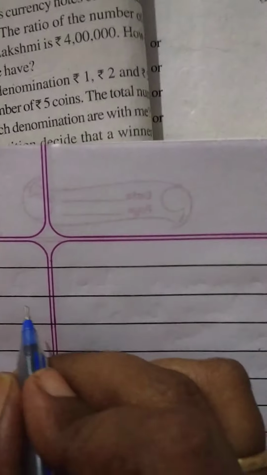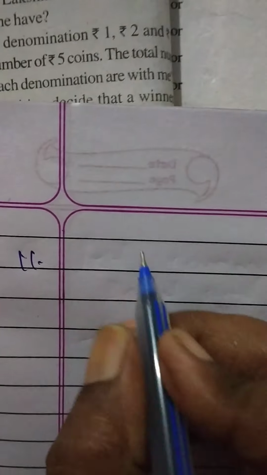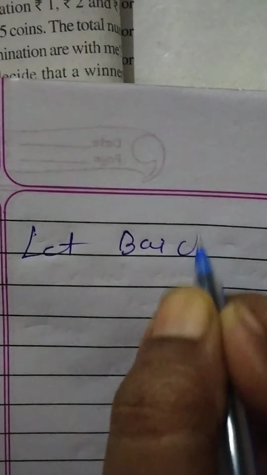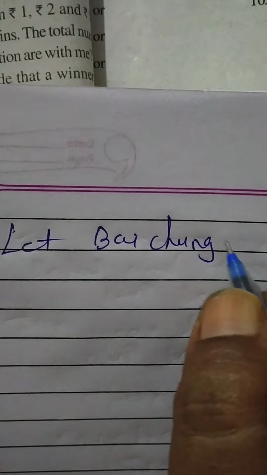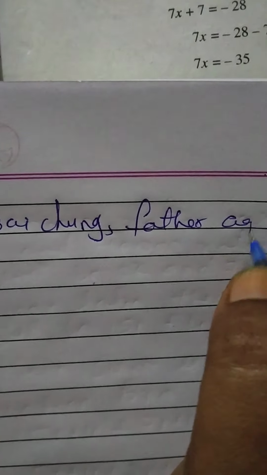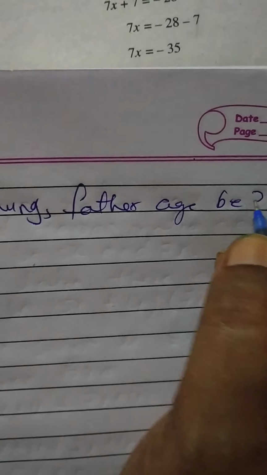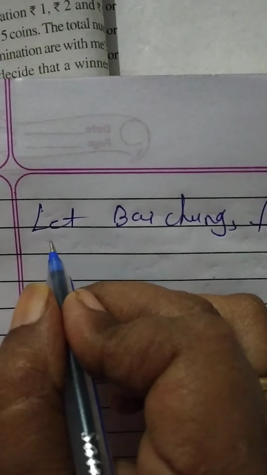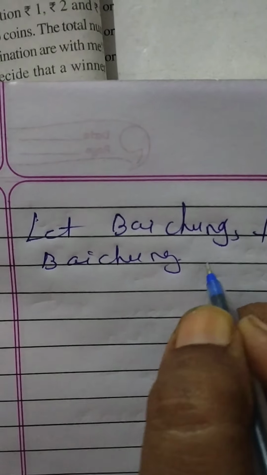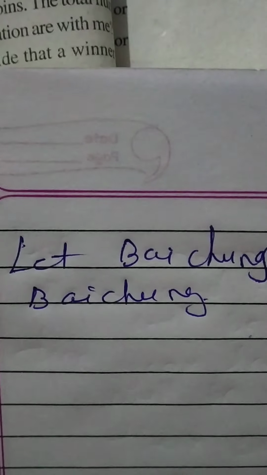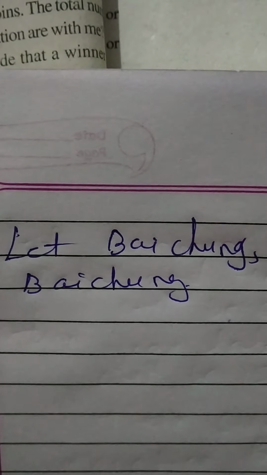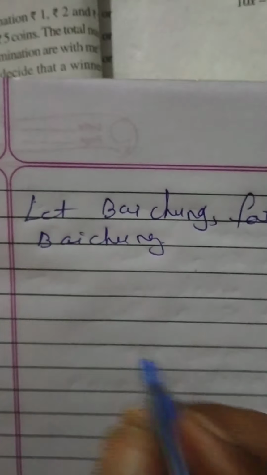Now we'll solve it. This is the 11th number textbook problem. Let Bangchung's father's age be x. And what is told? It is told that Bangchung's father is 26 years younger than Bangchung's grandfather and 29 years older than Bangchung.